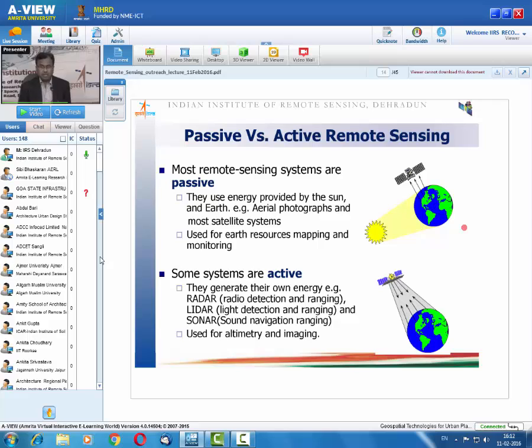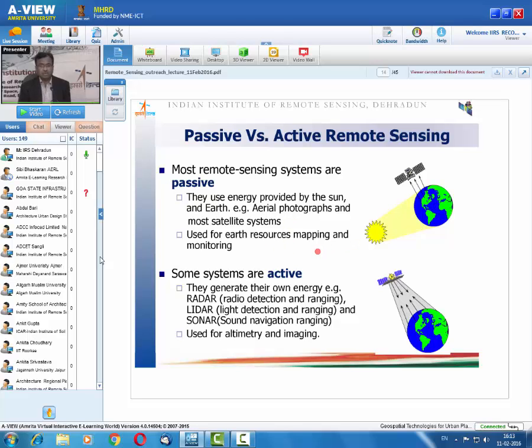Now, as explained earlier, remote sensing can be passive or active. When it is passive, it uses the energy provided by the sun and the Earth, and the platform is either aerial or space-based. Passive remote sensing is used for Earth resource mapping and monitoring.